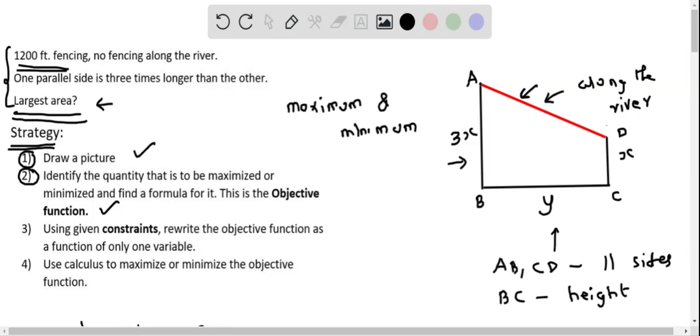So basically, we have to include only the three sides, that is AB, BC, and CD. To find the perimeter, we sum up all three sides, which is 3x plus y plus x, and this is given as 1200. So when you add these three sides, we get 3x plus x is 4x plus y. 4x plus y equals 1200.